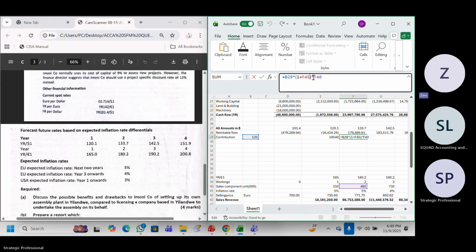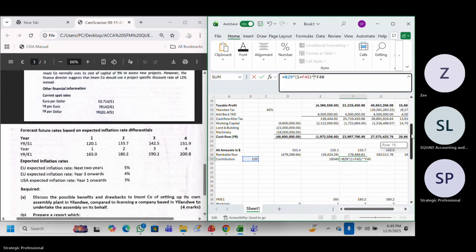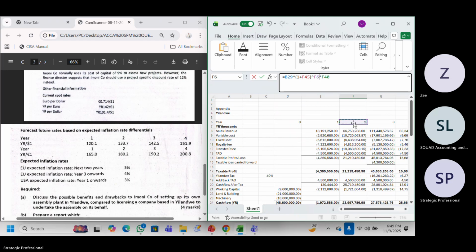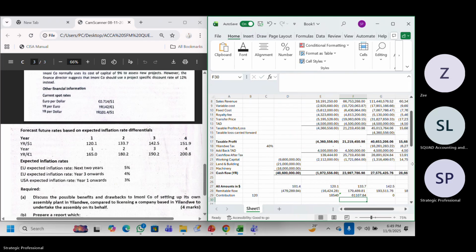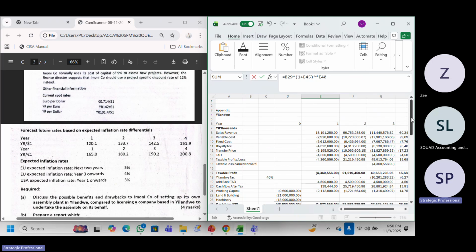Why don't you reference the first one? Don't worry, I'll reference it. So this is it. Because it's growing at the inflation rate. 120 times this raised to power 1.